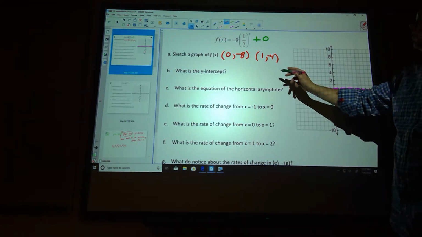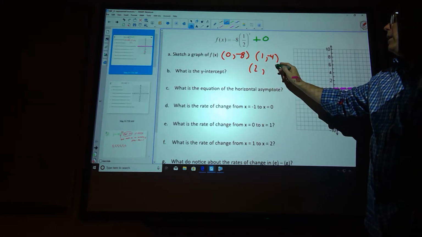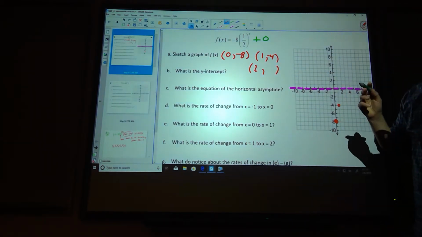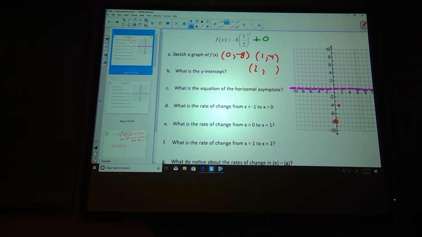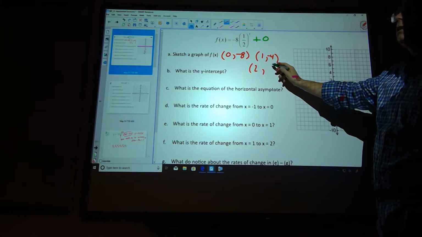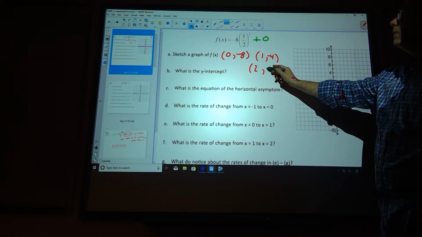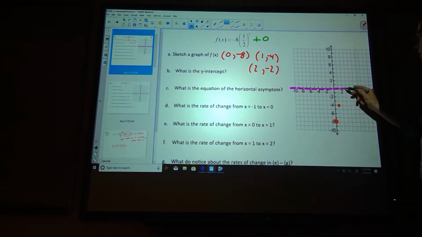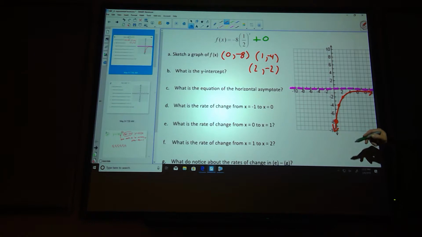And maybe just plug 2 in, just to see what happens. If I plug 2 in, 1/2 raised to the second is 1/2 times 1/2, which is 1/4. 1/4 times -8 is -2. Yeah, there it is. What does it appear the y-intercept is?